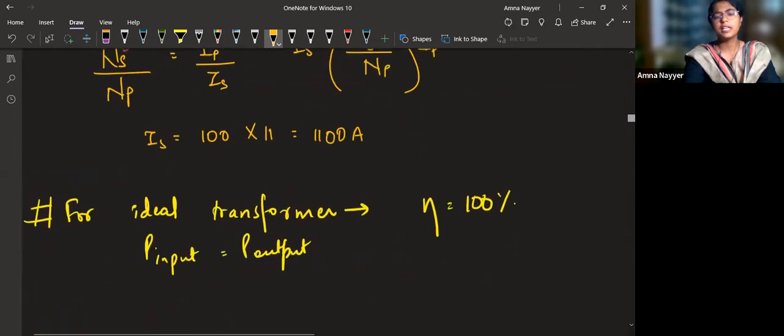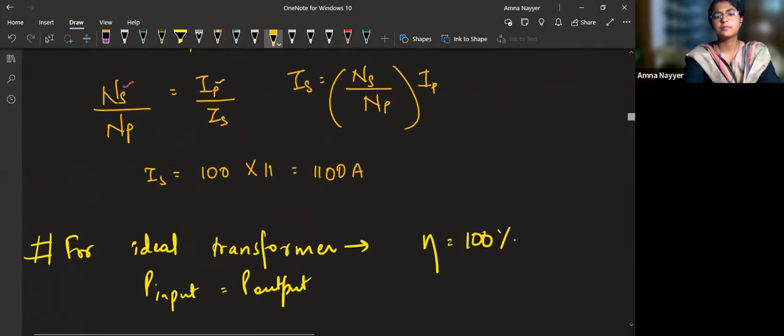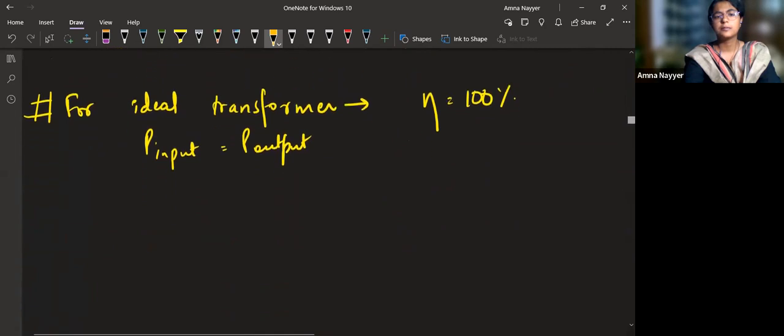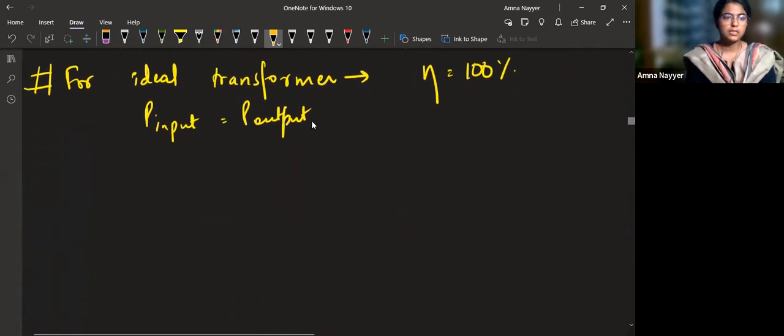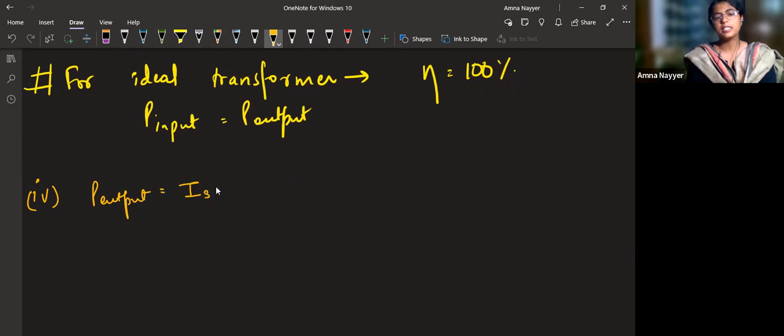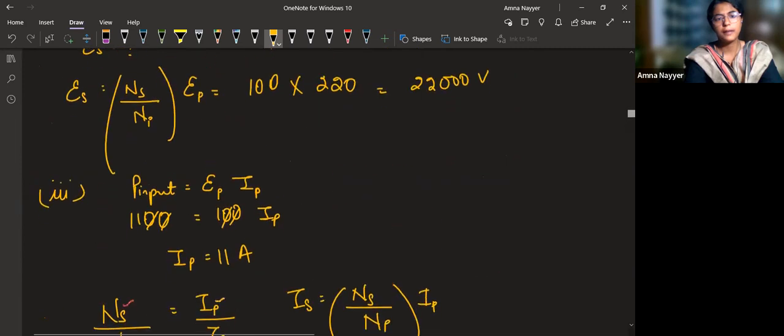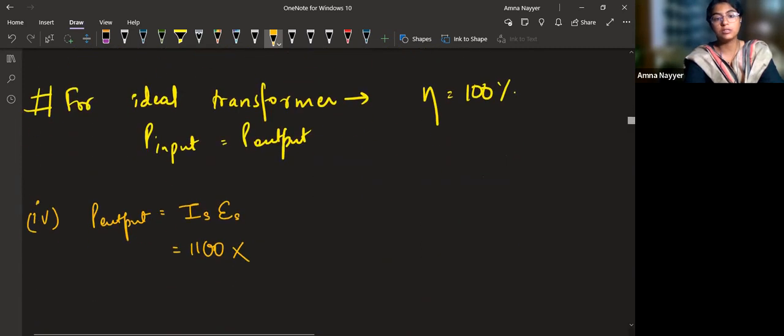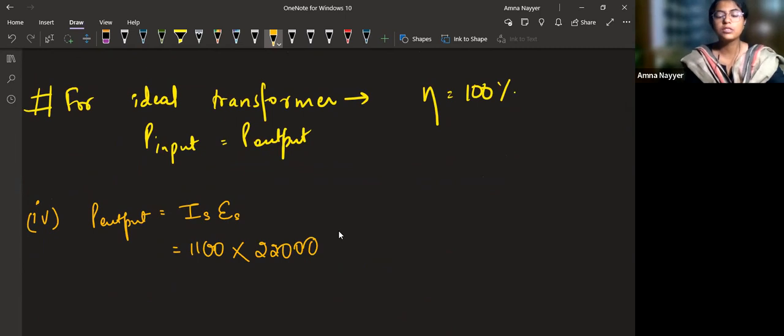Last part is asking for power in the secondary. So voltage in the secondary you have. Power output is current in the secondary multiplied by EMF in the secondary. So current in the secondary is 1100 amperes and voltage in the secondary was 22,000 volts.